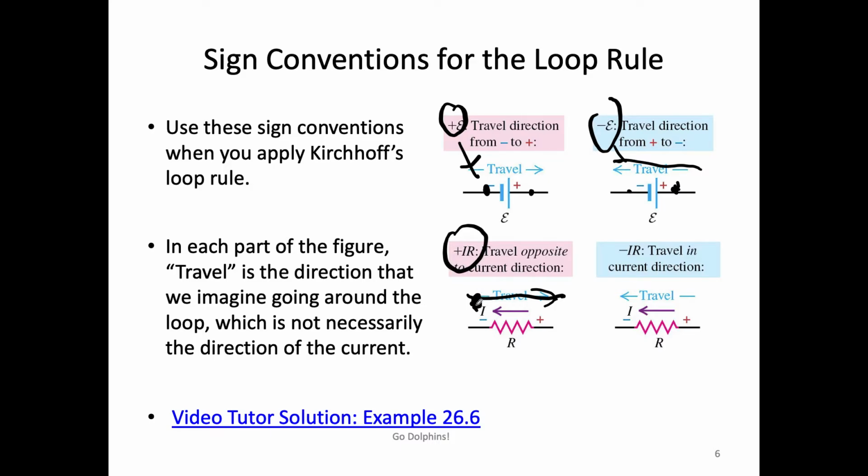Your potential increases. If your loop is in the same direction of the current, you are going from the higher potential end of the resistor to the lower potential end. Your potential decreases, so you should have negative I times R from Ohm's law.